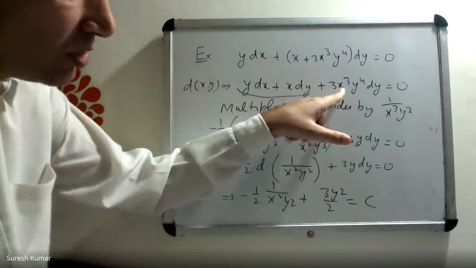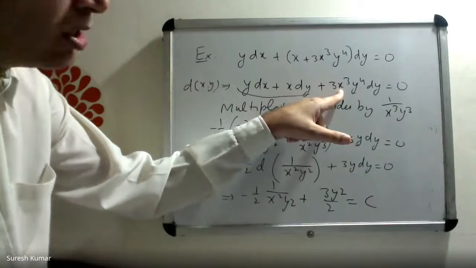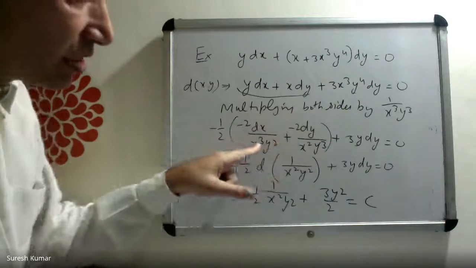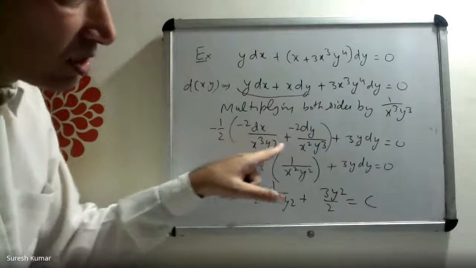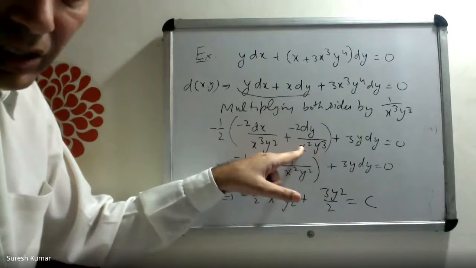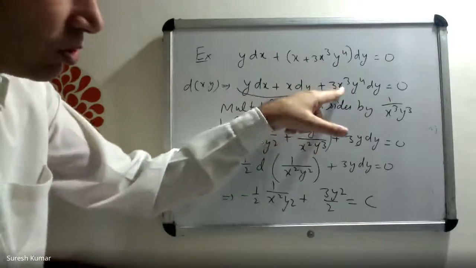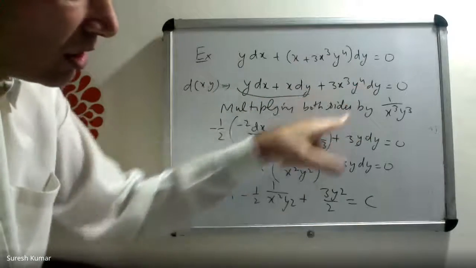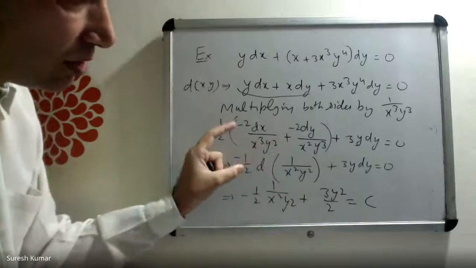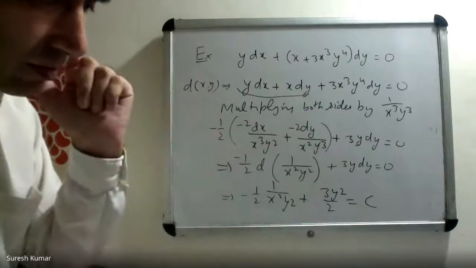So I need to get rid of x cube from this. So I divided by x cube, but dividing by x cube doesn't help me. Certainly I have to divide by x cube, but x cube division is not helping me. So I have taken y cube also so that it becomes exact differential of this.